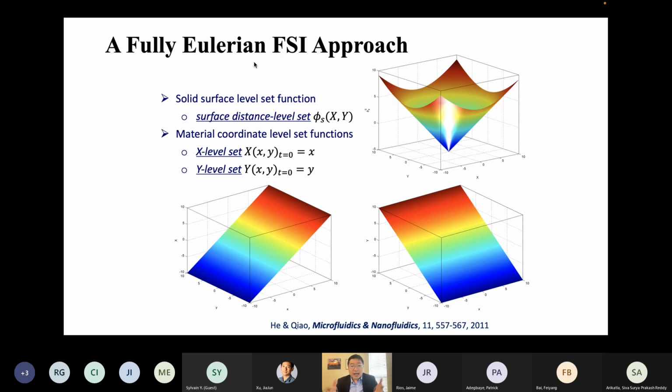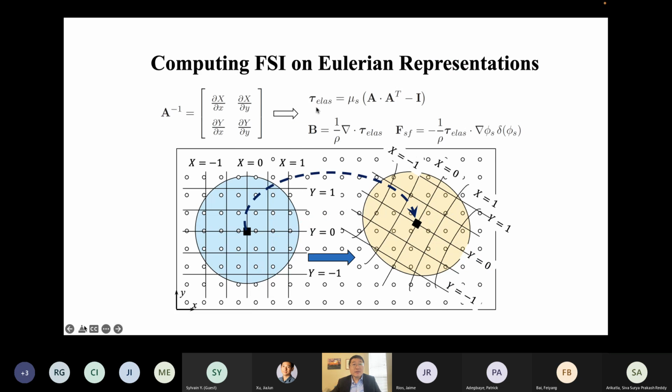In solid mechanics, whenever we deal with elastic or plastic bodies, the natural way is to describe them using the Lagrangian description. However, because we are dealing with fluids mixed with solid structures, a fully Eulerian approach might be better. So then I developed this method.